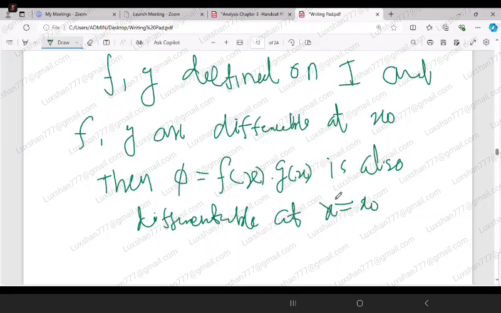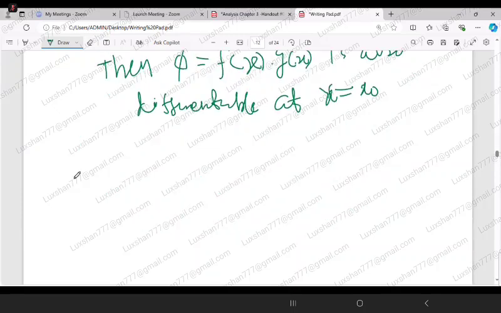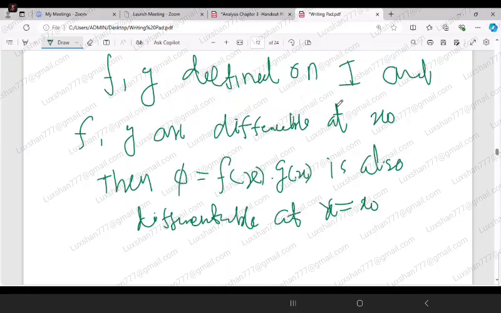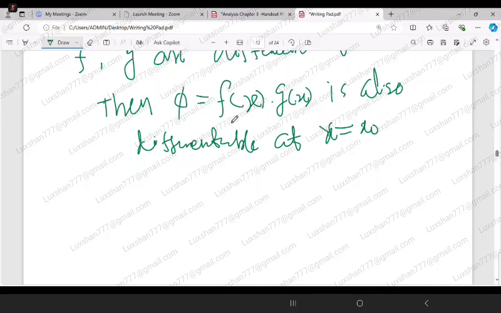That is what we want to prove. So we have the assumption that f and g are defined on I and are differentiable at x naught belonging to I, a point in the domain. Otherwise we can't do this. Then we want to prove that pi is also differentiable. Proof.